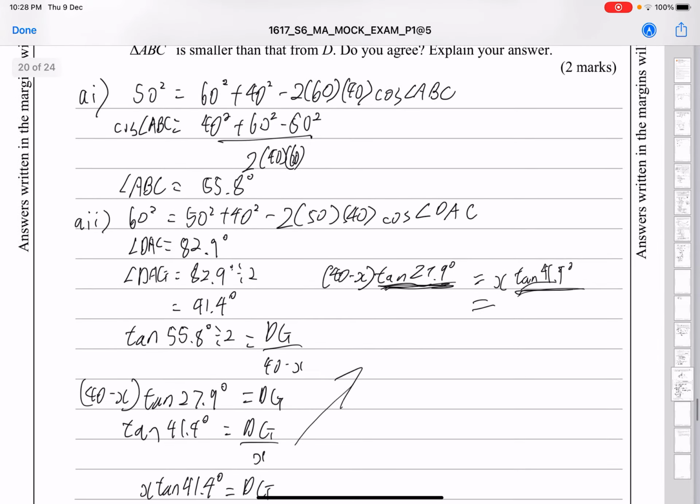Okay, so tangent 27.9 will be 0.53. And tangent 41.4 will be 0.88x. It's way easier to calculate now.